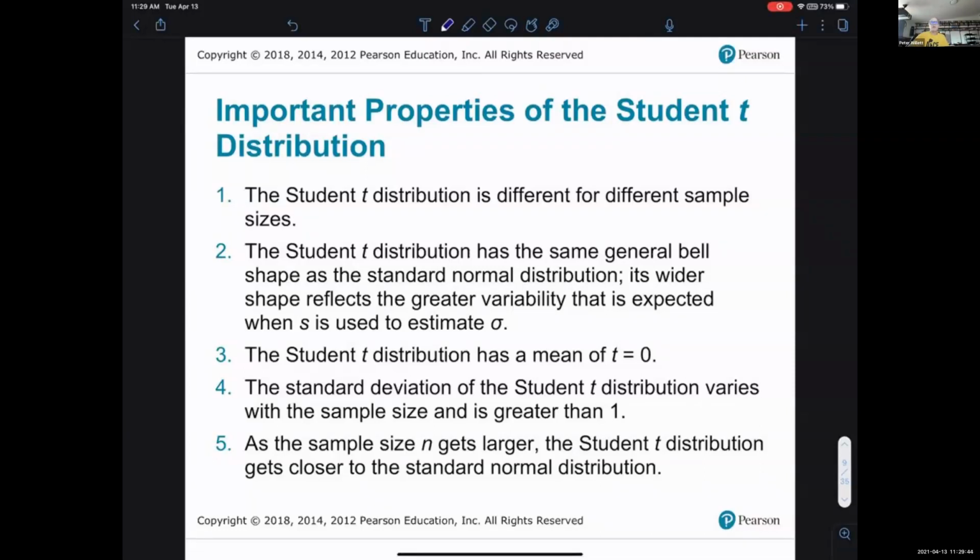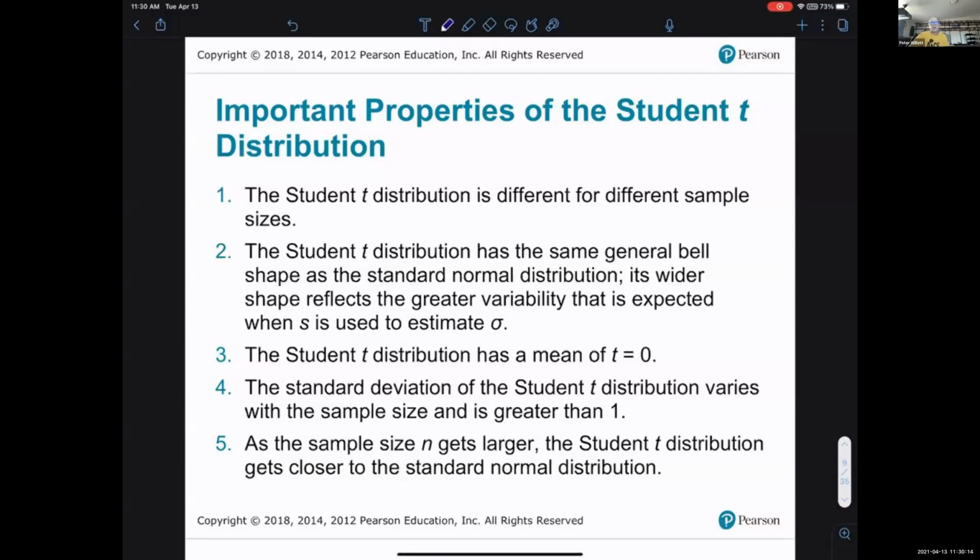The student t distribution has the same general bell shape as the normal distribution. Its wider shape reflects greater variability that is expected when S is used to estimate sigma. Because we don't know sigma, we're using S, the standard deviation of the sample, to estimate that. And for that reason, we modify the normal distribution into a t distribution to allow for greater variability.